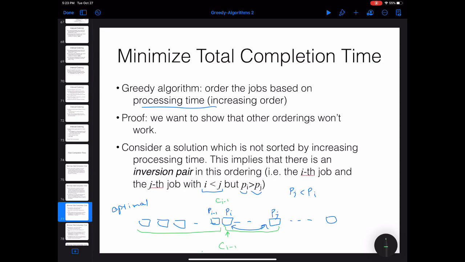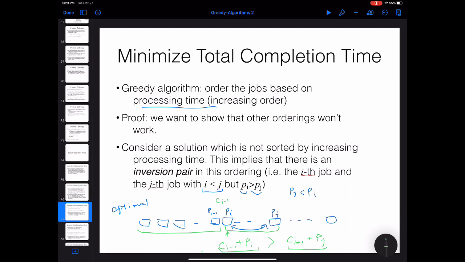If I do PI here, the completion time of PI is going to be this, right? Instead of PI, if I do PJ, the answer that I get is going to be C of I minus 1 plus PJ. I already know that PJ is less than PI, so definitely this completion time is going to be less than this completion time.